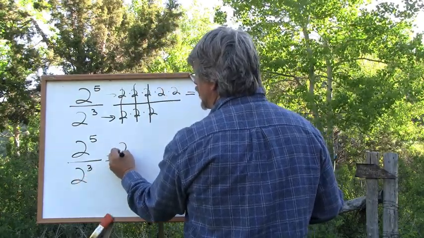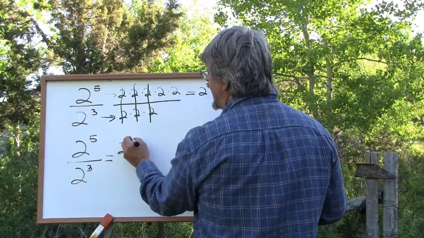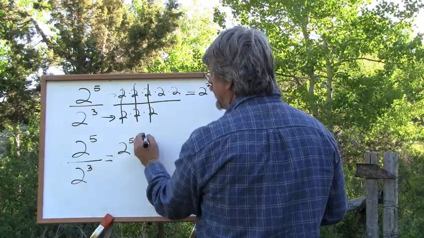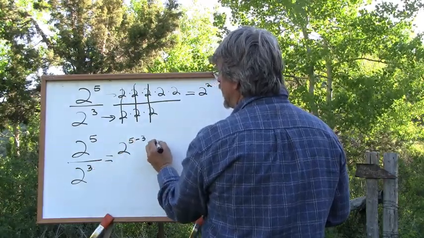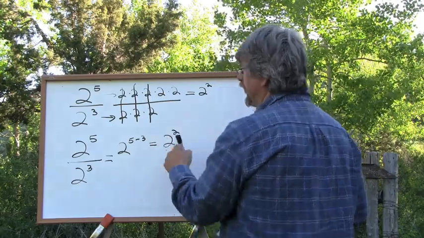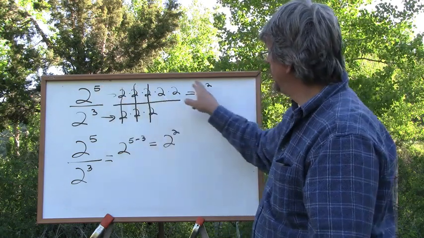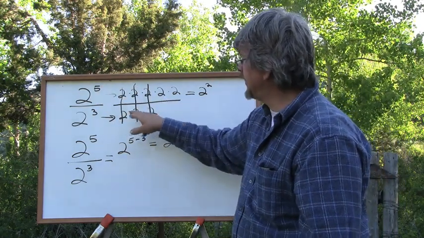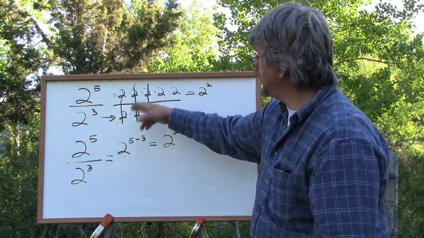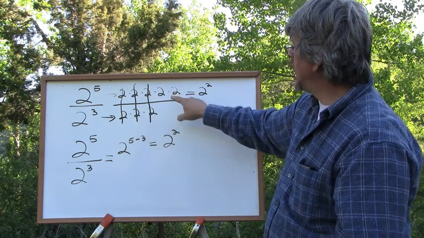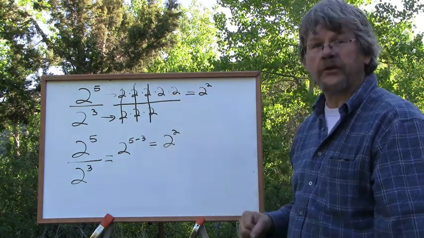This is equal to 2 to 5 minus 3, which equals 2 to the 2nd. We had 5 2's on top. We subtracted the 3 2's underneath by canceling. We were left with 2 2's, which equals 2 to the 2nd.